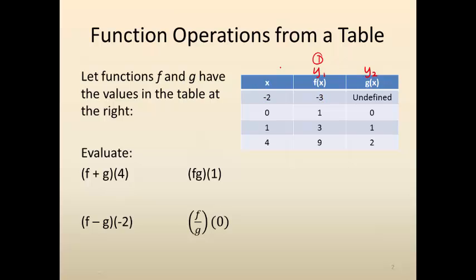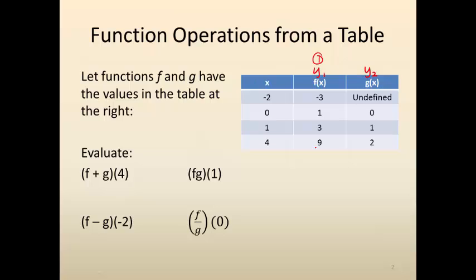But if I put a -2 into the g function, it's undefined, as if it can't exist there. So -2 is actually not part of the domain because the function is undefined there. If I put a 0 into the f function, I get a 1. But if I put a 0 into the g function, I get a 0. So you can kind of see how this works.